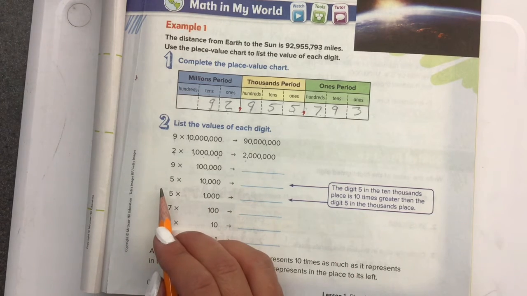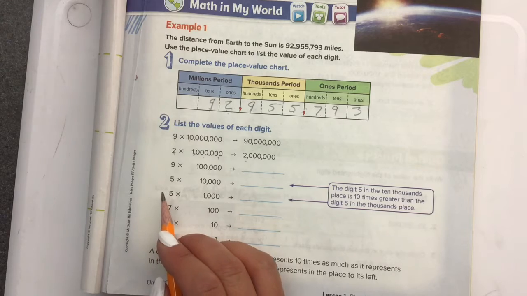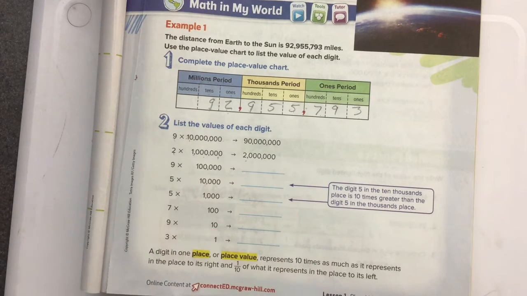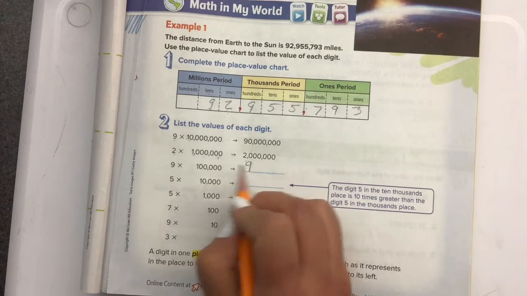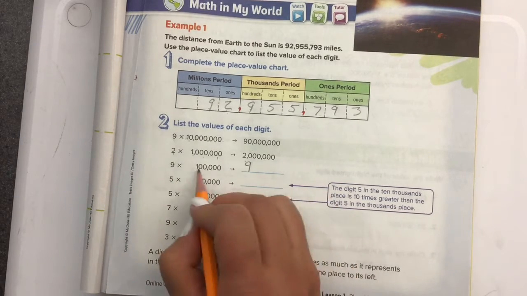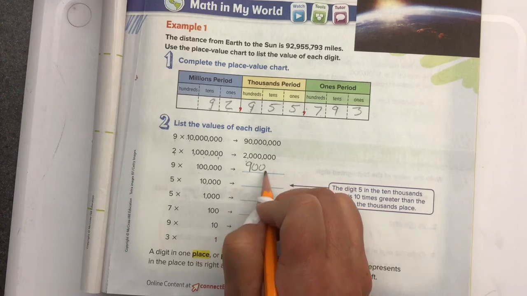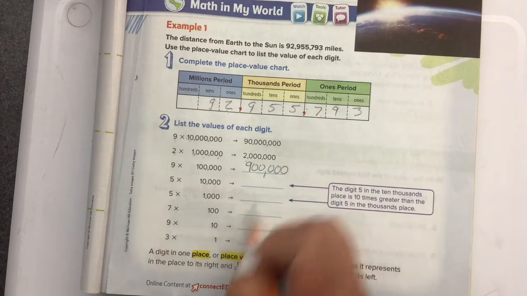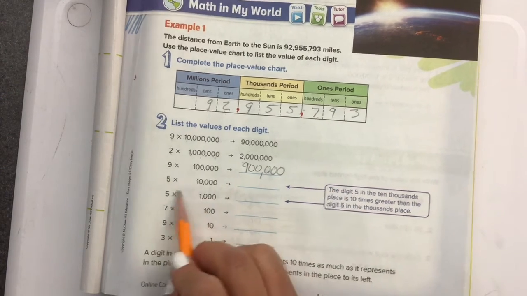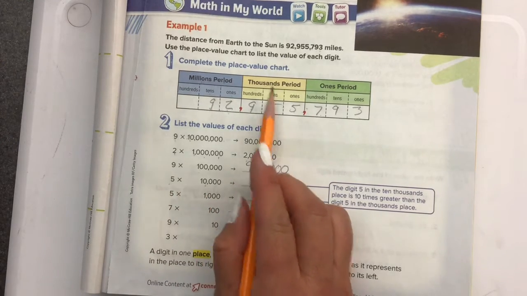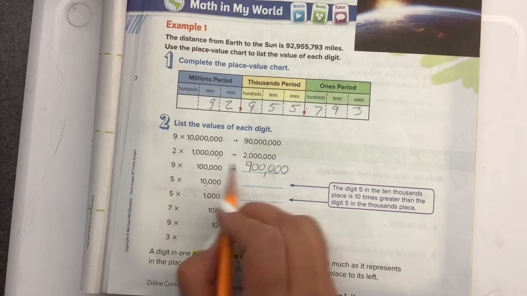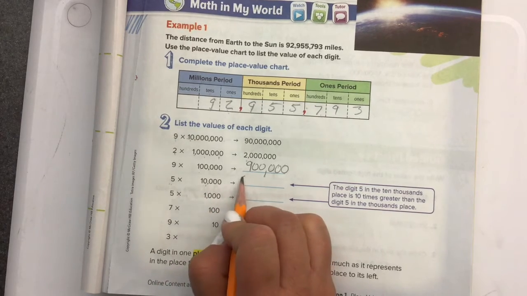Okay, here we go. We're going to try this one right here. We have 9 times 100,000, and that's going to equal, well, 9 times 1, we know equals 9. Then we just add the zeros. Ta-da! Next, we have the same story. 5 times 10,000. So, 5 times 1 is 5.